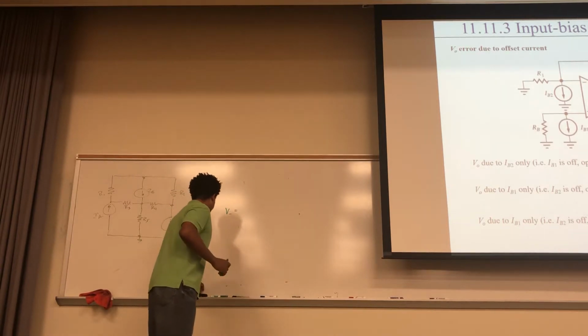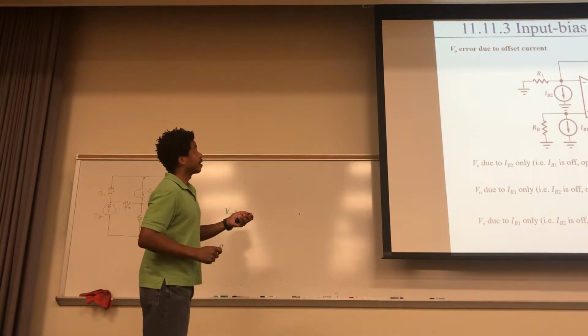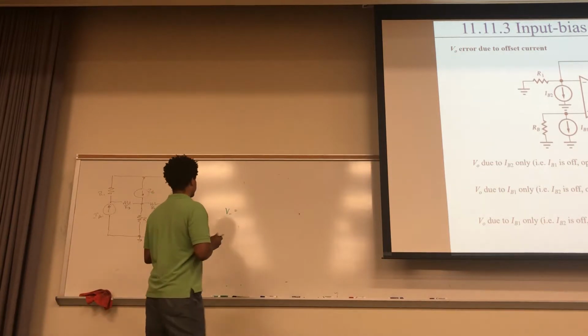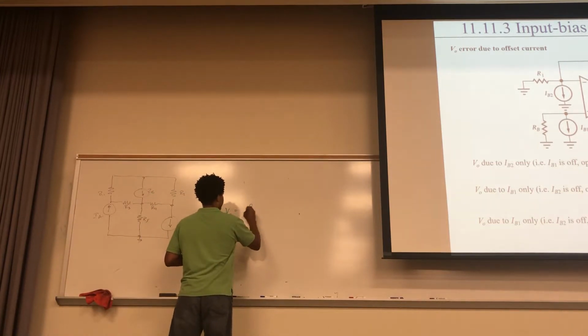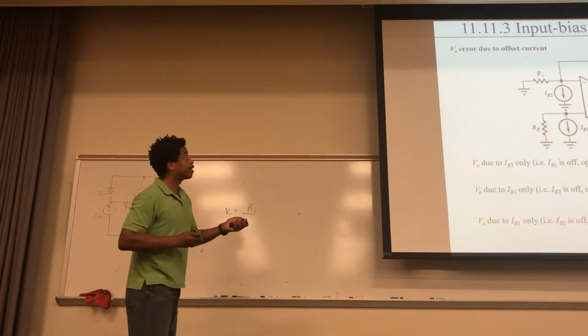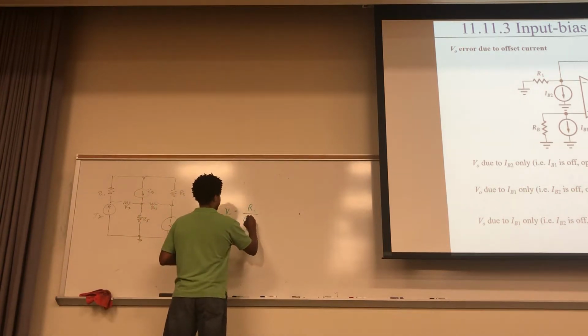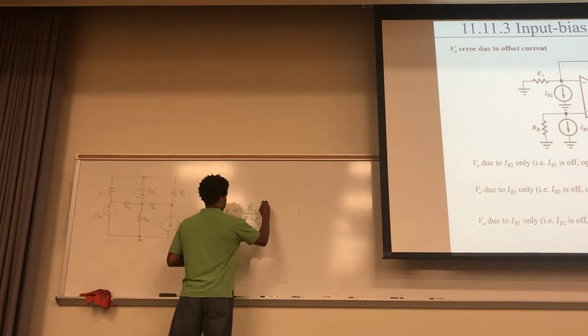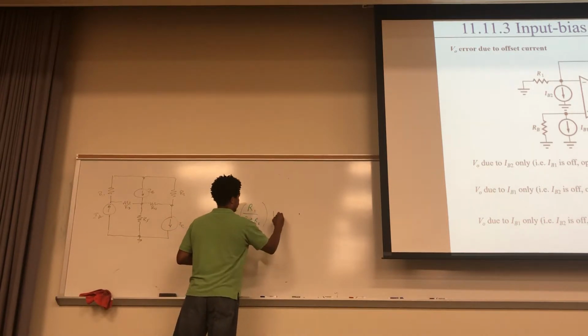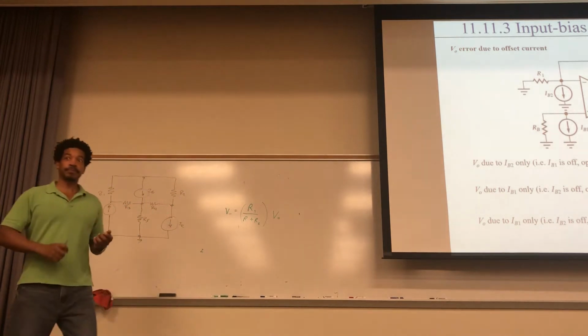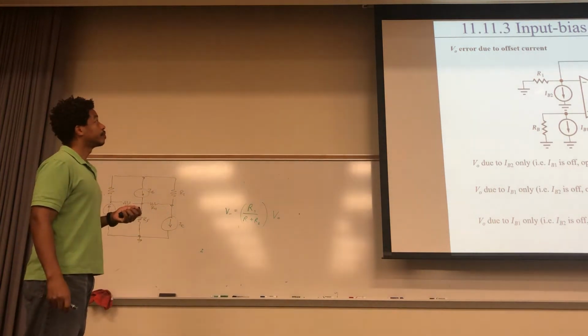That's going to equal R1 divided by the sum of R1 and R2, times the voltage where it started from, which is V out. That's what that voltage is.